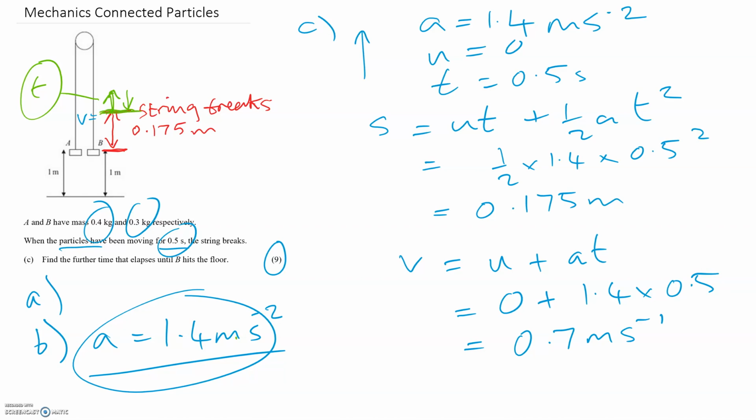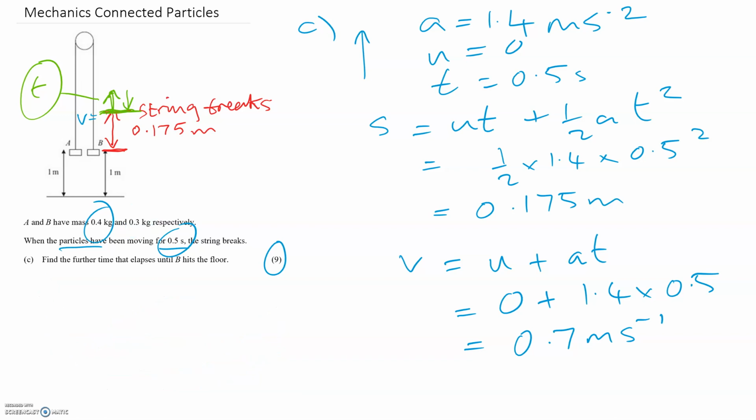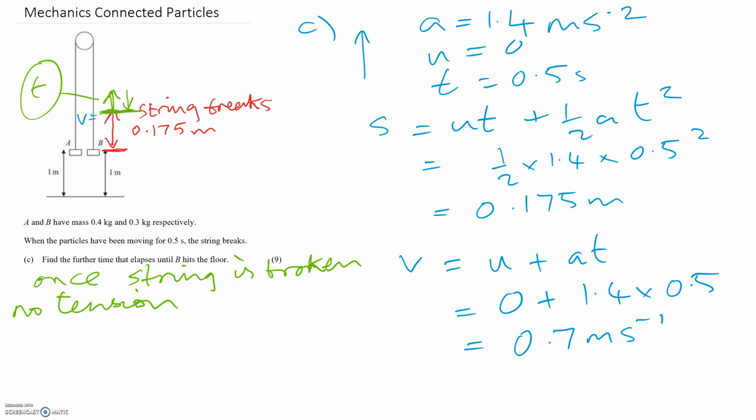So we're working out the time it takes for the green section here. If I make a bit of space down here, once the string has broken, I'll do that in green. Once the string is broken, there is no tension, which means it's no longer accelerating at 1.4 meters per second squared because there's nothing making it go up so fast.